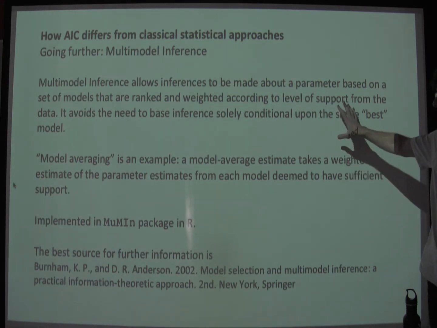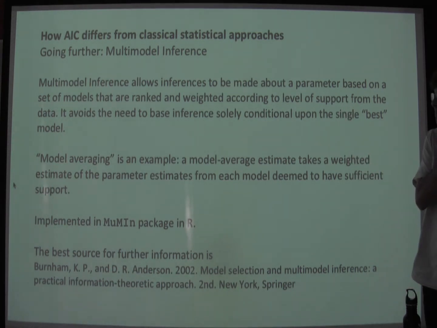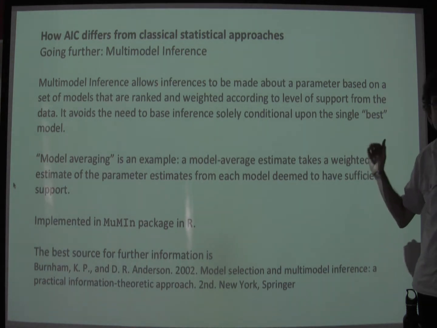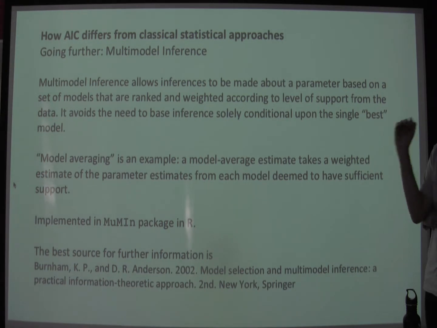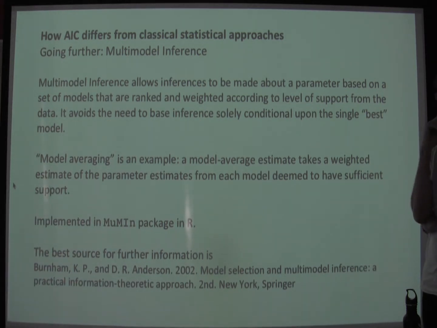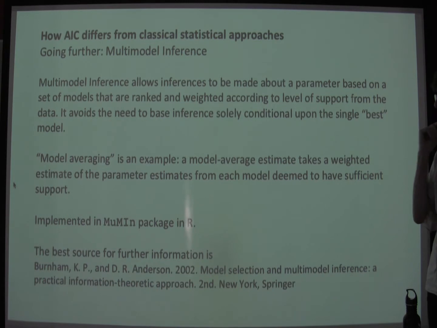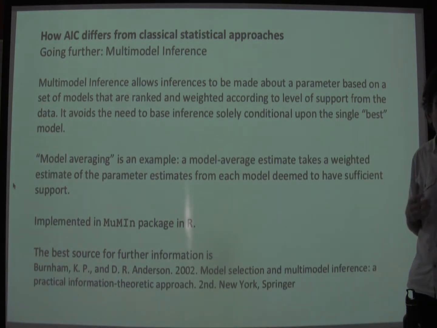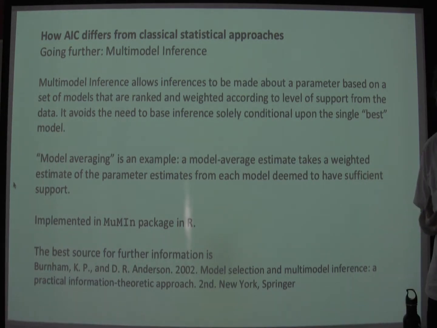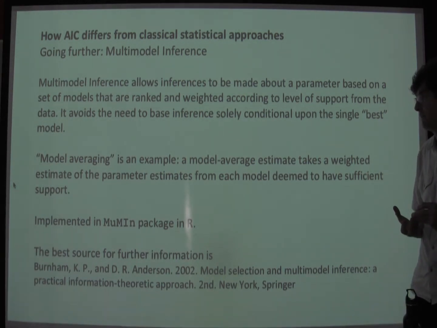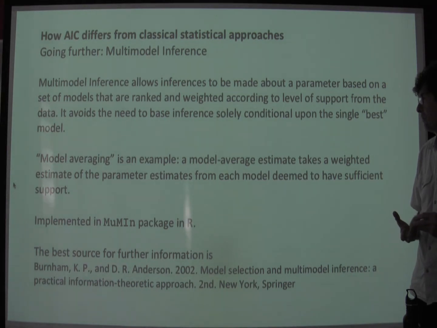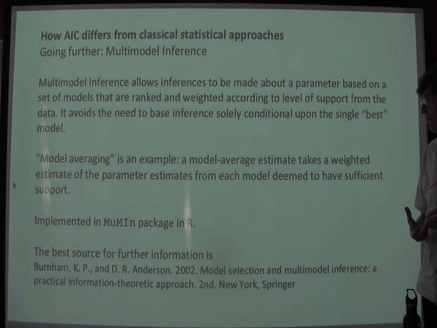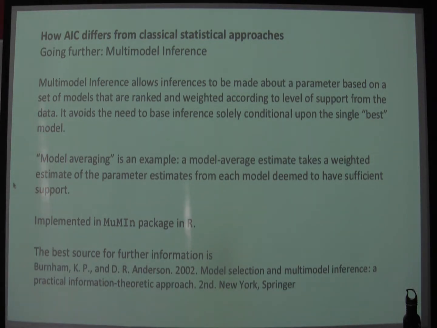What multi-model inference does is take an average of the coefficients across all those models, weighted by the amount of support for each of those models. It avoids the need to base your estimate of a coefficient solely upon the best model. It somehow takes into account the uncertainty about which model is actually the best in the long run.